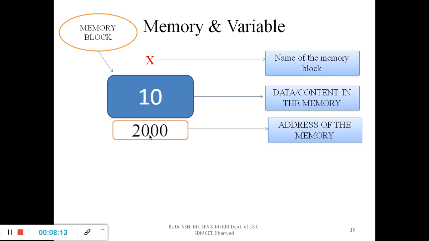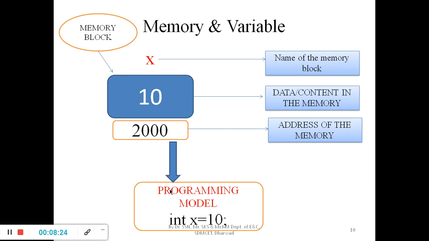In this case we have chosen 2000 as the memory address. Now how do we write this in the programming form? In the programming model, I assign X is equal to 10, and it must be denoted with a proper data type. Here I am trying to represent that X is a variable which holds integer data. That's what it means.